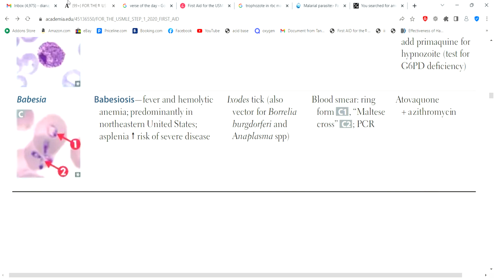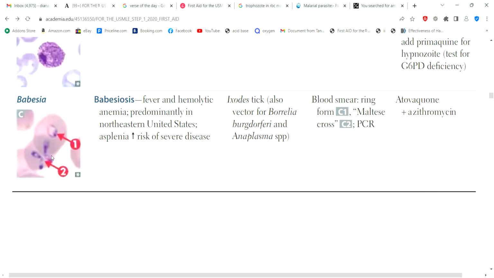See right here in figure C. There's a ring right here, ring in the RBC. Also, this is the main thing you see. This is the Maltese cross. See that? Maltese cross right here. That's only seen in Babesia. You can also do PCR to diagnose Babesia. Atovaquone and azithromycin is the treatment for Babesia.